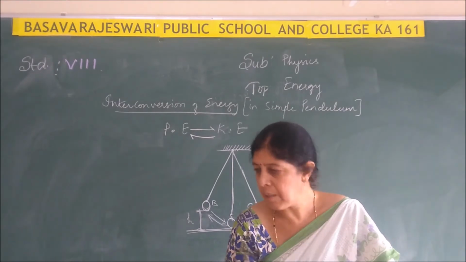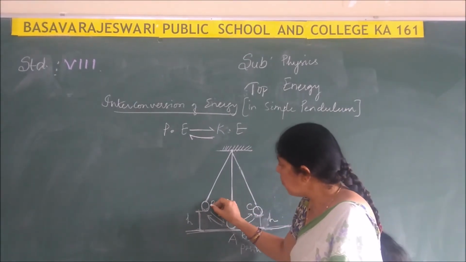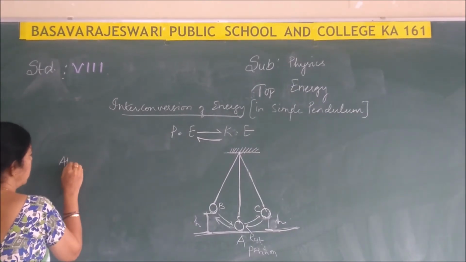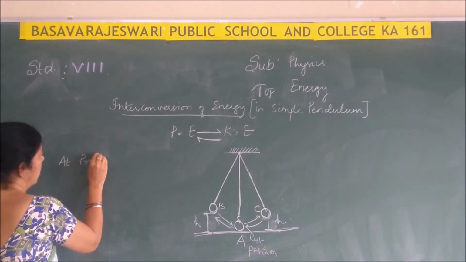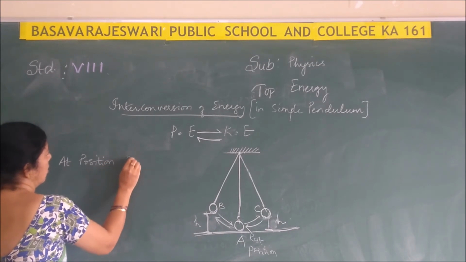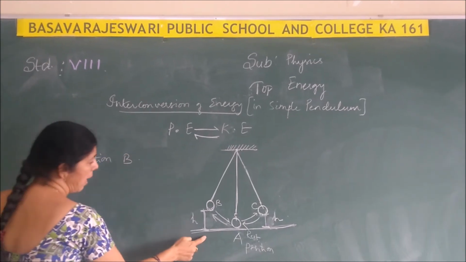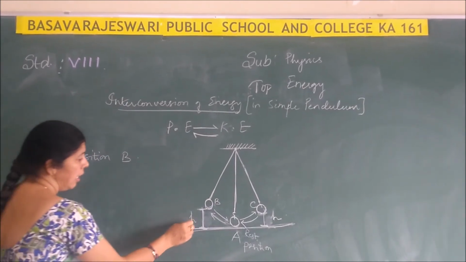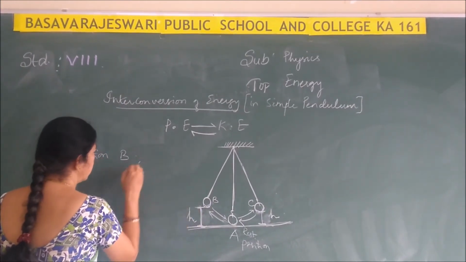Now, here you see, when the bob is at position B, the bob has attained certain height. Is it not? How much height it has attained? It has attained a height h.